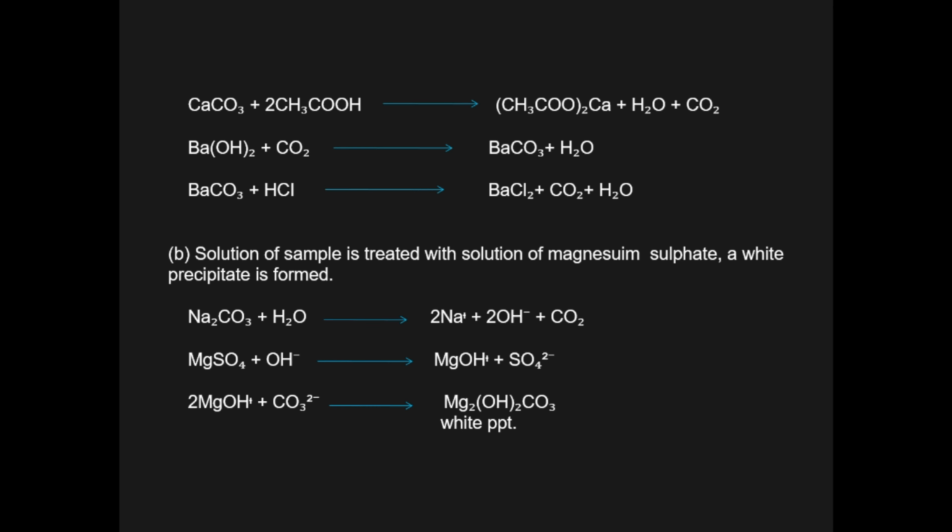To this, when you add magnesium sulfate, the magnesium sulfate reacts with the hydroxyl ion to form magnesium hydroxide, and sulfate ion is released. This magnesium hydroxide formed in the above reaction again reacts with carbonate ion and results in formation of magnesium hydroxide carbonate, which is the white precipitate you obtain at the end.